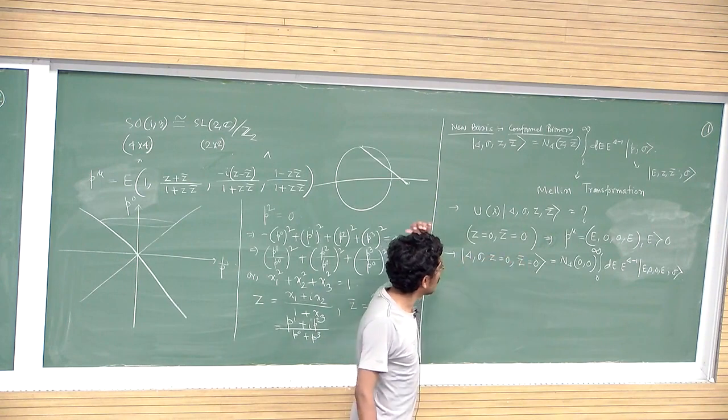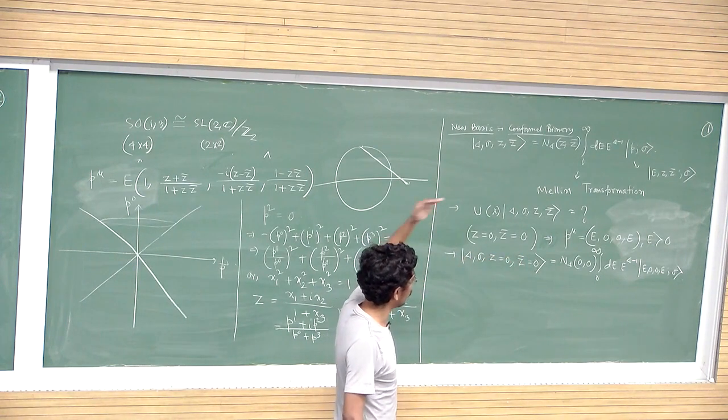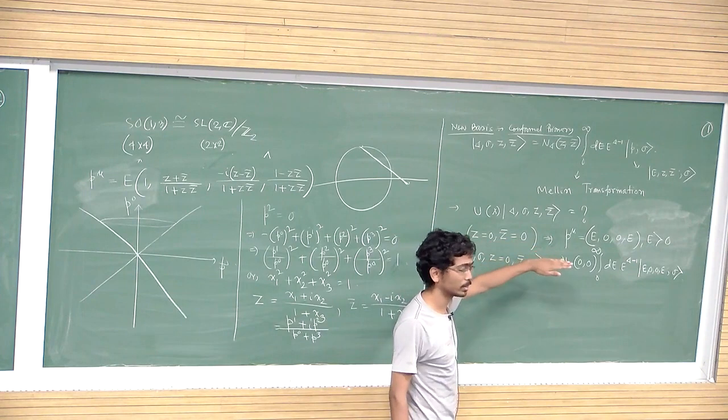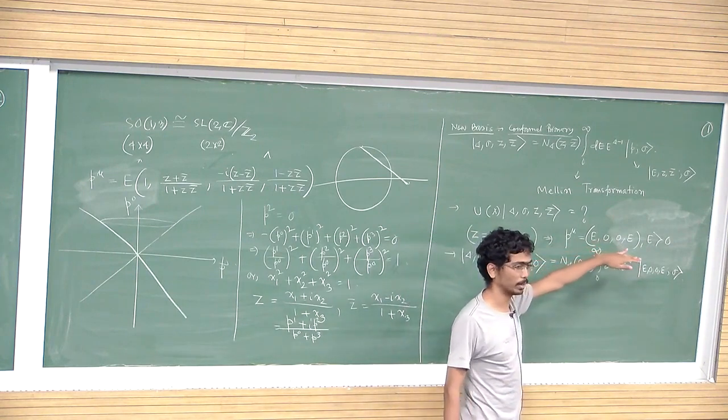And I want to find the little group of this reference null direction because the magnitude of E does not matter.